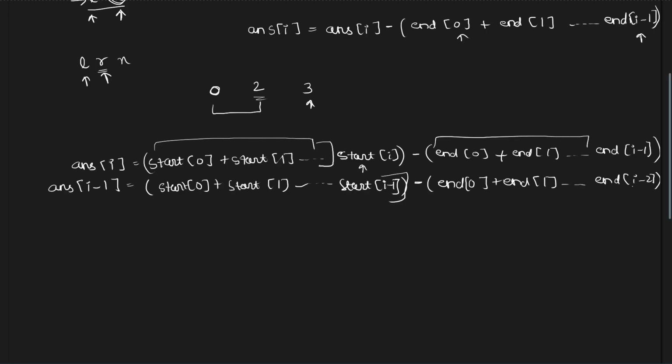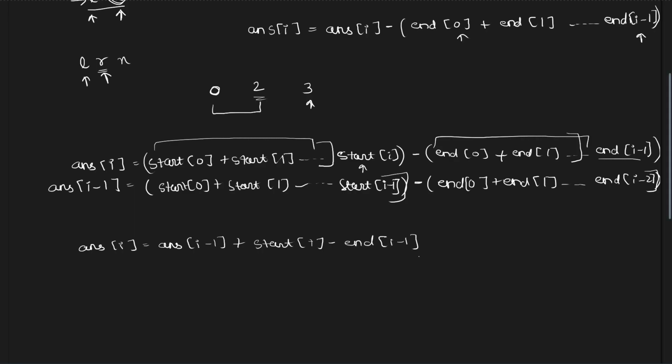Similarly, if I've already computed till end of i minus 2, I don't need to compute it again here. I just need to compute for end of i minus 1. So in any general case, answer of i would be equal to answer of i minus 1 plus start of i minus end of i minus 1.